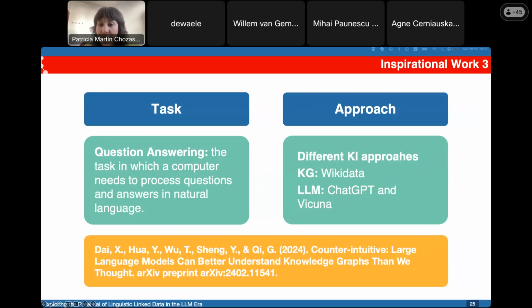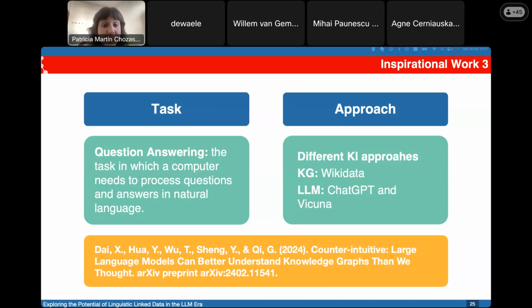And finally, it says inspirational work 3, but it's the 5th already. Finally, I wanted to show another work that tests different approaches for knowledge injection. In this case, the task to solve is question answering, the task in which a computer needs to process questions and answers in natural language.